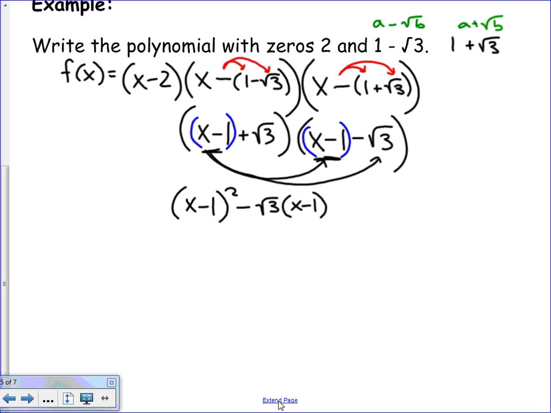And then I'm gonna distribute a square root of 3 times x minus 1. And what do you notice? They cancel each other out. One's a minus and one's a plus, and they're exactly the same product.